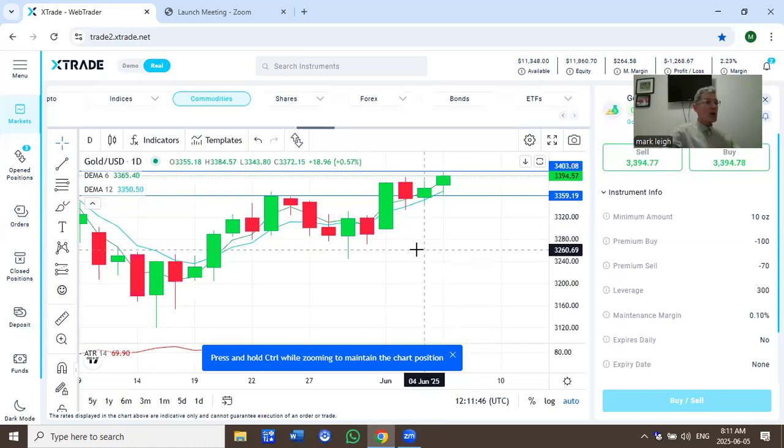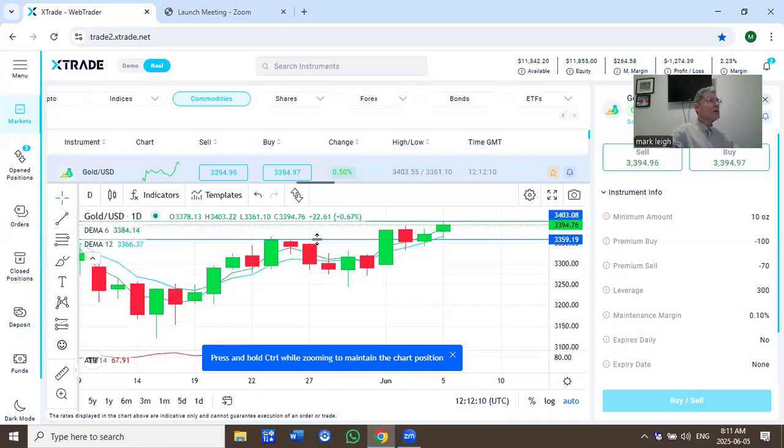We've seen strong gold this morning, and that is the inverse relationship with the weak US dollar. We're seeing US dollar being sold up this morning, gold gapped up to start the day and continuing that run higher. 3,403 resistance will be the next level that buyers will be looking at.